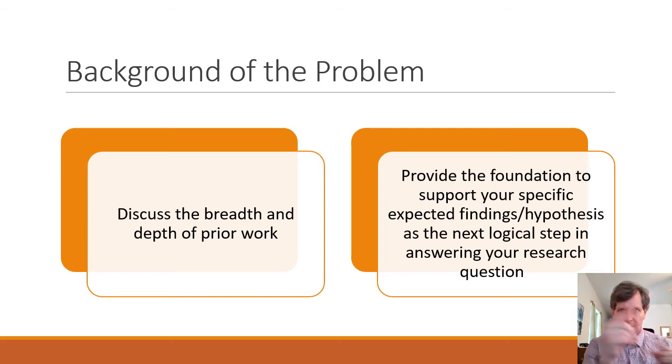There should be a very tight connection between your findings, the research literature, and the implications. This is why it's so important to be doing a strong literature review throughout your dissertation process.